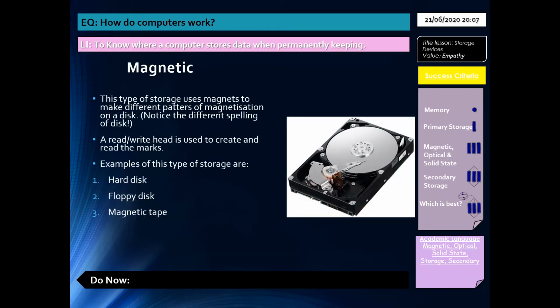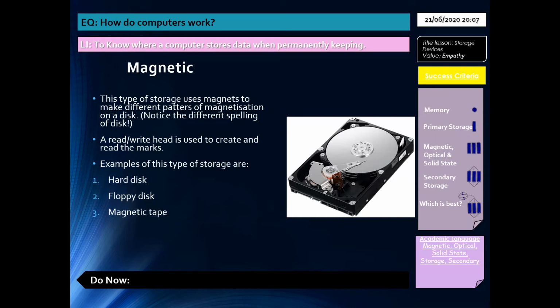Magnetic storage. This type of storage uses magnets to make different patterns of magnetization on a disk. Notice the different spelling of disk. A read-write head is used to create and read the marks. So an image here shows a typical hard disk.